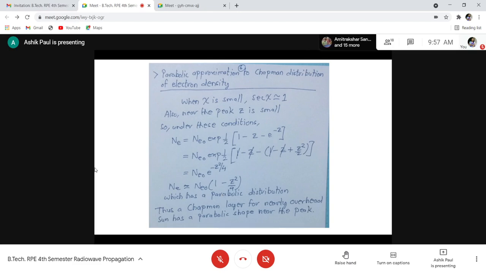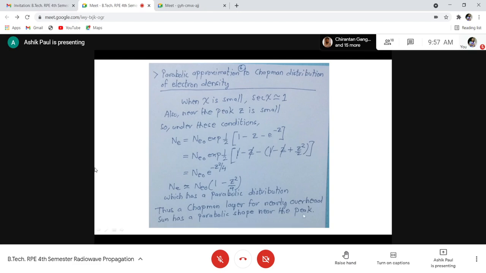So we could say that for a particular Chapman layer, whether it is the D layer, the E layer, F1 or F2, for nearly overhead sun, this has got a parabolic shape near the peak.